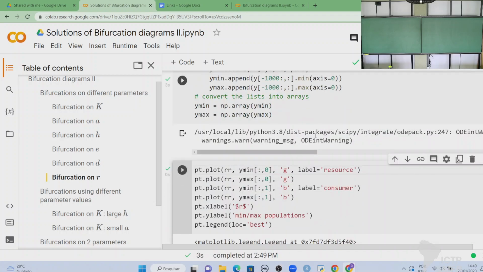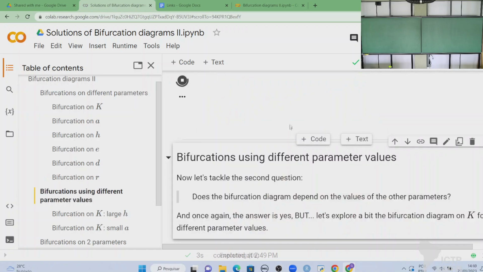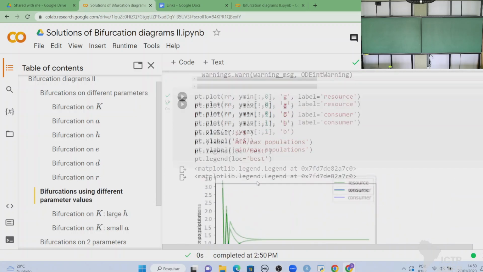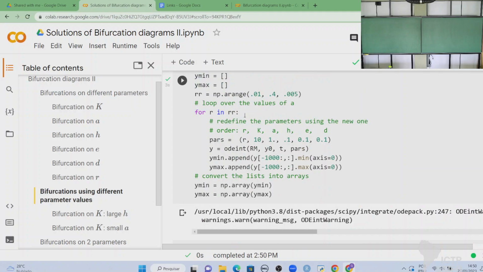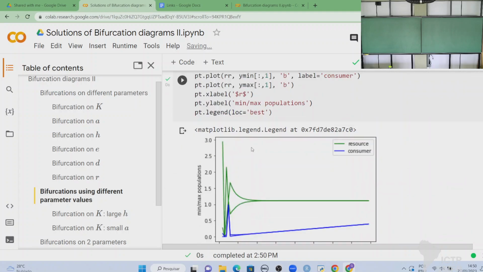Well, I already have a warning here, so it's going to be a mess again. Yeah, a mess. Hard. I will talk about this kind of error in a bit, right? But yeah, I was wrong. Even with R, we also have this bifurcation for low values of R. I think I didn't find it because usually what I expect is that for low values of R, you have extinction of the consumer before you have these oscillations.